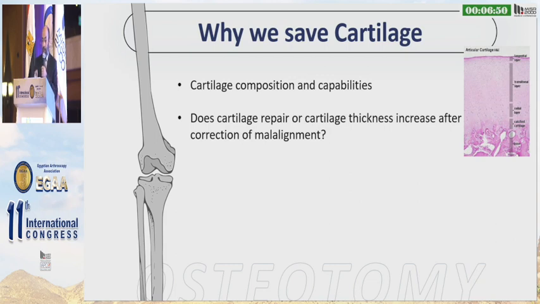Do we have other reasons? Yes, I believe that cartilage repair does exist, and I'm going to present in a few minutes some very important pieces of literature that support this. So I'm going to deprive my patient of this repairable cartilage if I kill it. I never kill articular cartilage unless it is deadly.